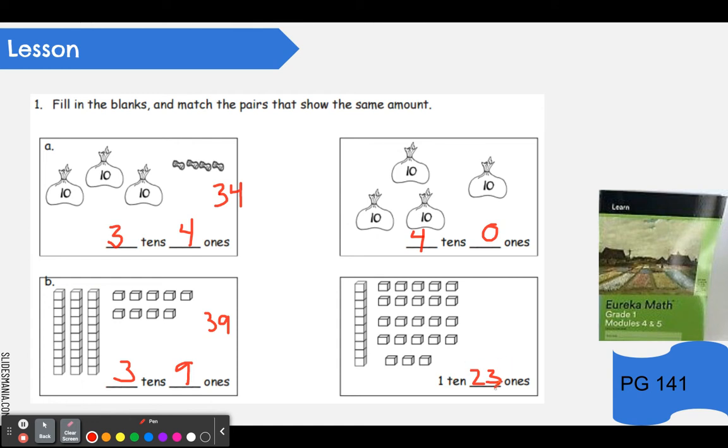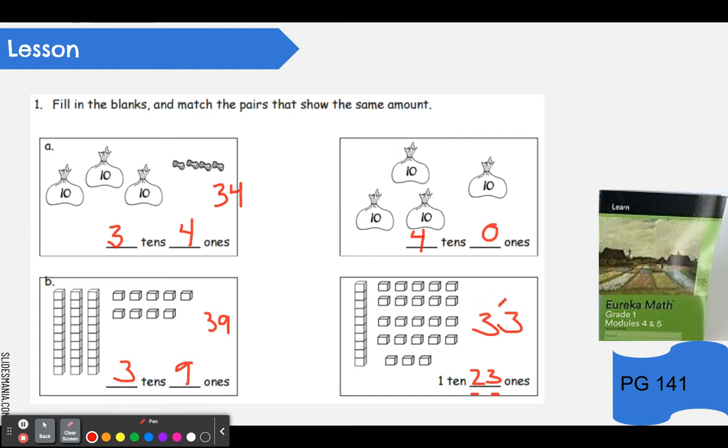Well, boys and girls, you know that if I add a 10 to the number 23, my number would be 33, because we learned that in our calendar. When you add 10 to a number, it's the same number of ones except the value of tens changes. So therefore, this is 33.